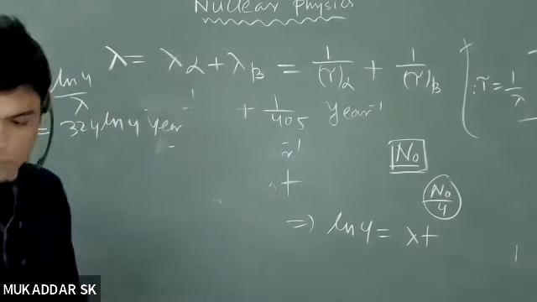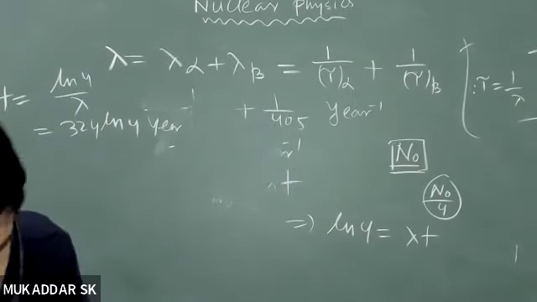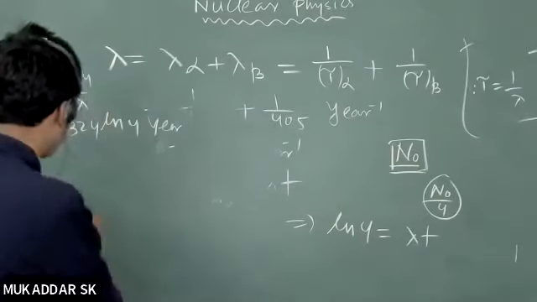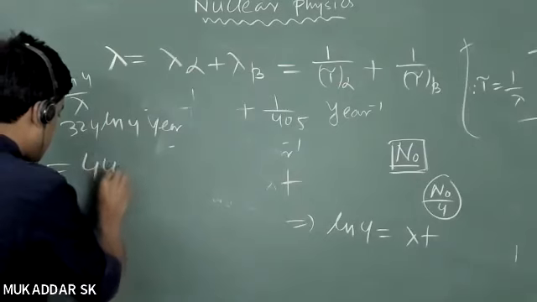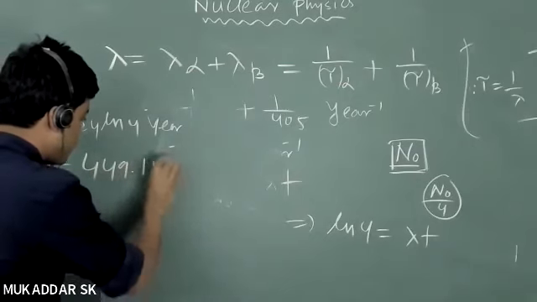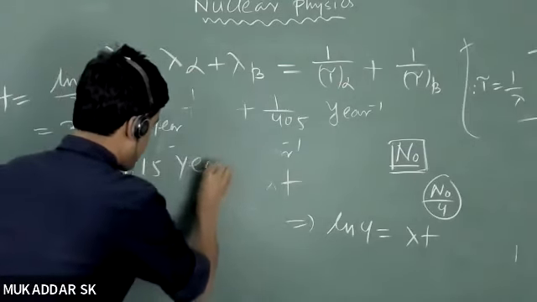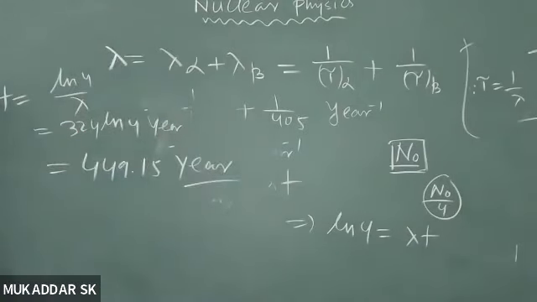So calculate this value, and basically you will get 449.15 years. That is the time required for 3/4 part of the sample to be decayed.